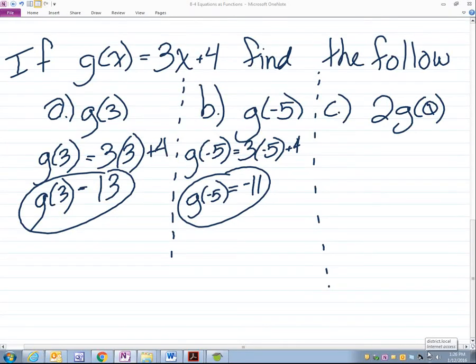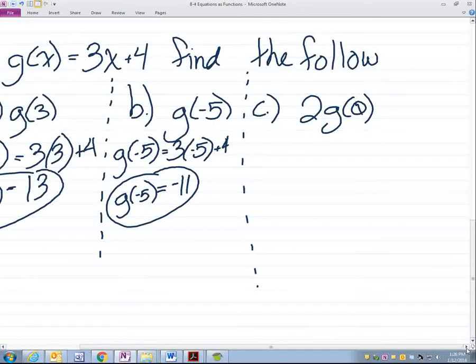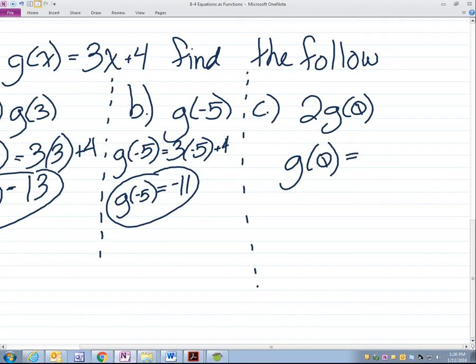Now with this one here, what's happening to our function? What's different about that one? There's a number in front of it. So since there's a number in front of our function, that means we have to multiply our function by 2.